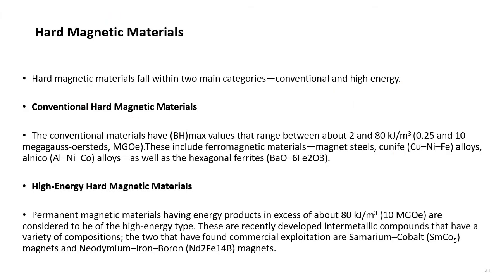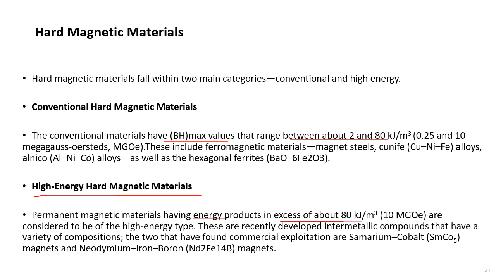Hard magnetic materials fall within two main categories, the conventional and high energy. The difference between these two types of hard magnetic materials is the BH max values. For the conventional it is between 2 and 80 kilojoule per meter cubed, and for the high energy hard magnetic materials, the energy must exceed 80 kilojoule per meter cubed.